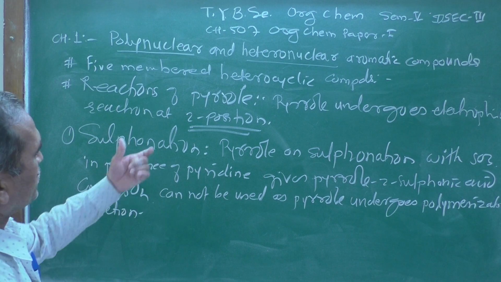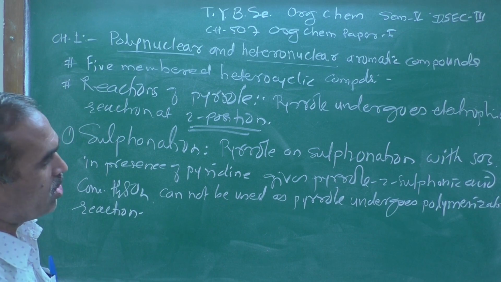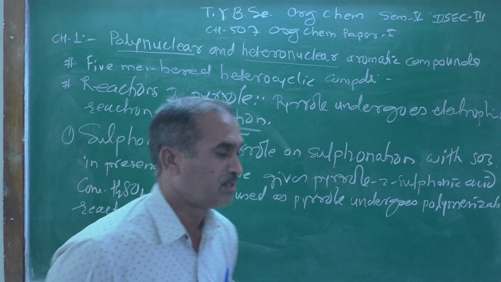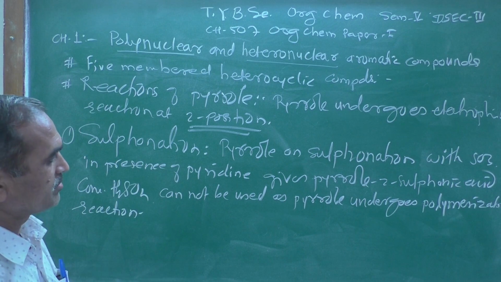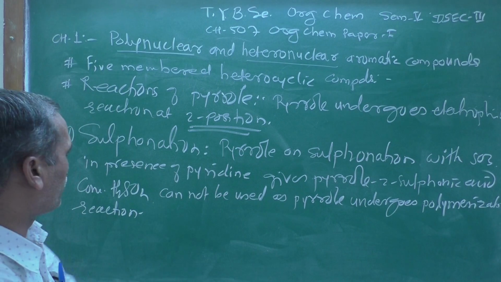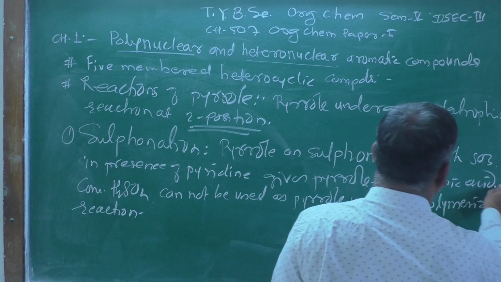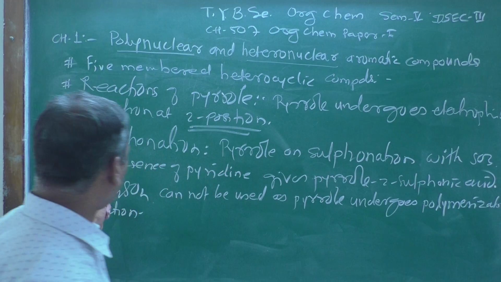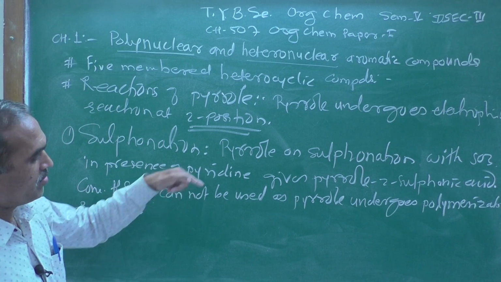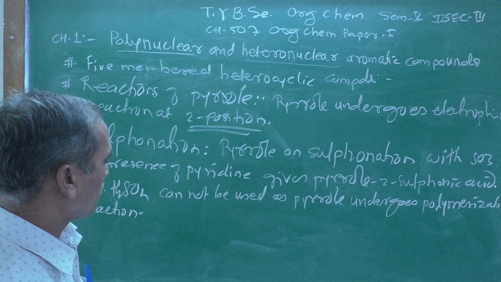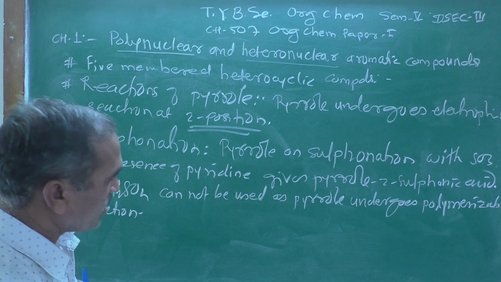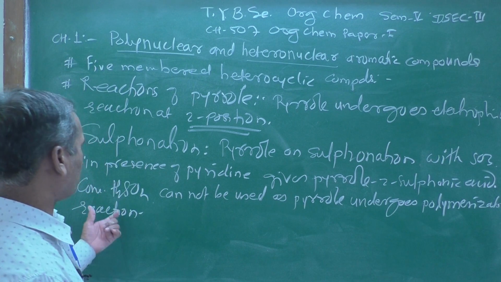See here, sulfonation: pyrrole on sulfonation with sulfur trioxide in presence of pyridine gives pyrrole 2-sulfonic acid. Concentrated H2SO4 cannot be used as pyrrole undergoes polymerization reaction.